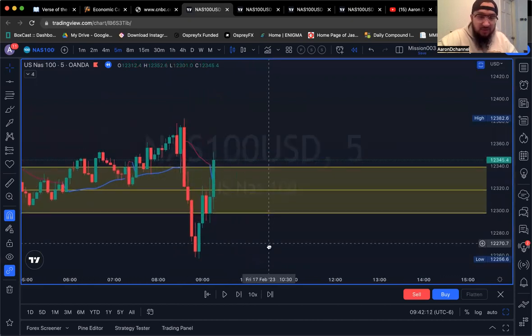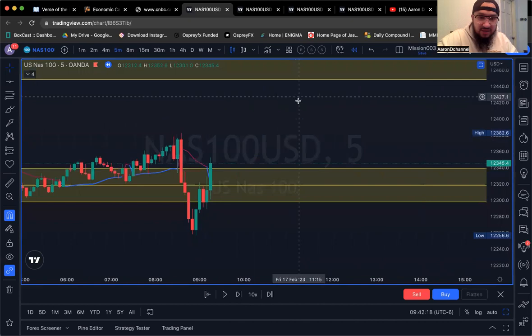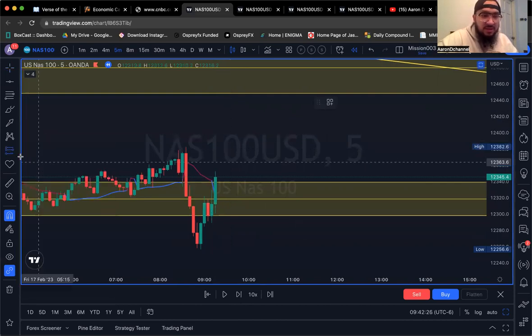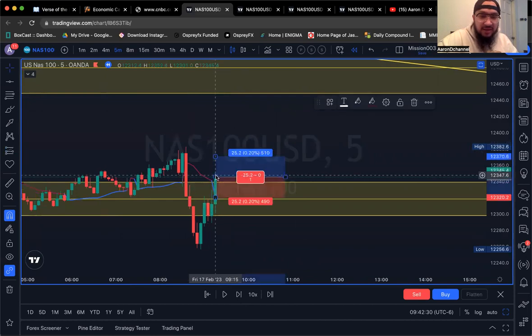Okay, so what I see here at 9:15 is a lot of volume going up. So this could potentially be an area that we look at as a buy right here.